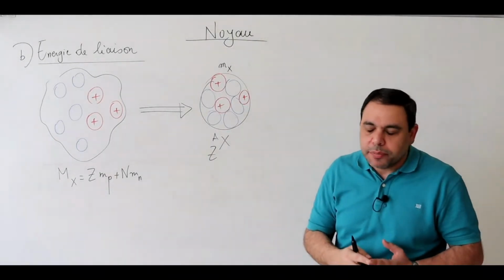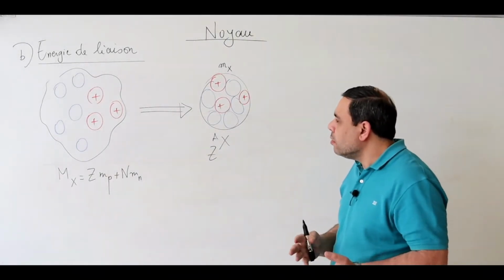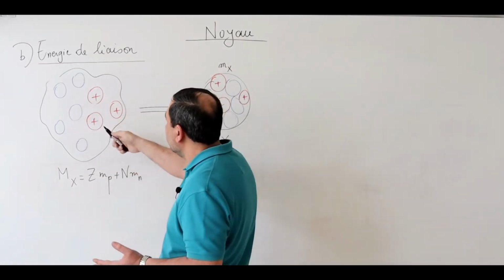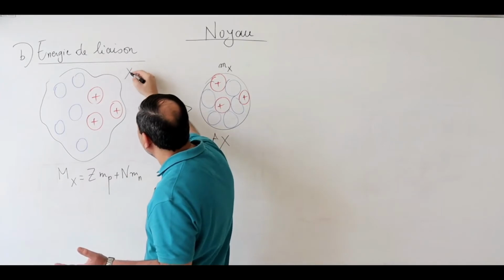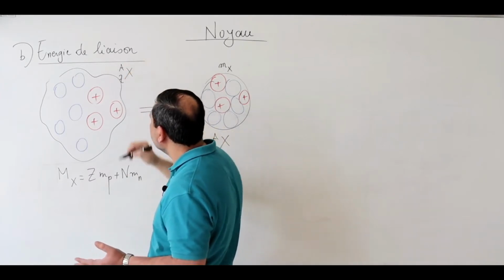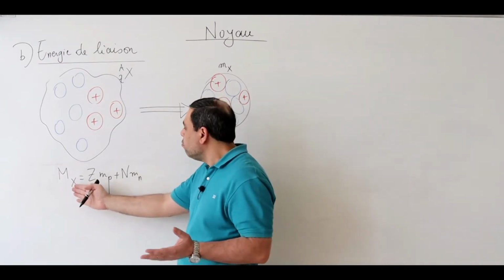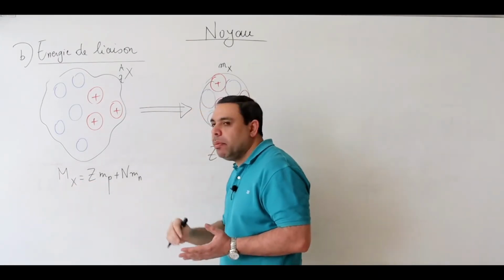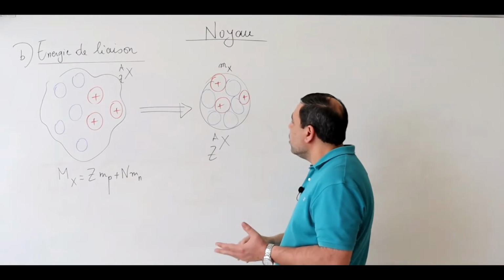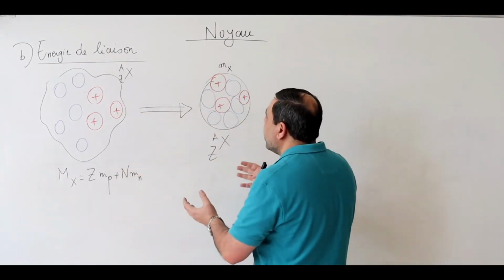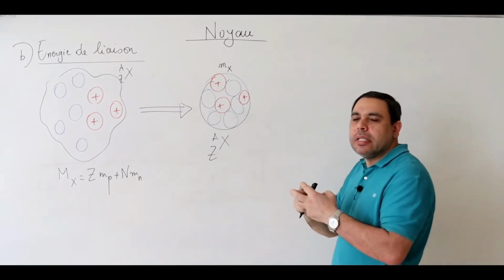Now let's talk about the binding energy. These are the nucleons of a nucleus in the free state. The nucleus is X with A and Z. The mass is ZMp plus NMn. These nucleons form the nucleus X when joined together.